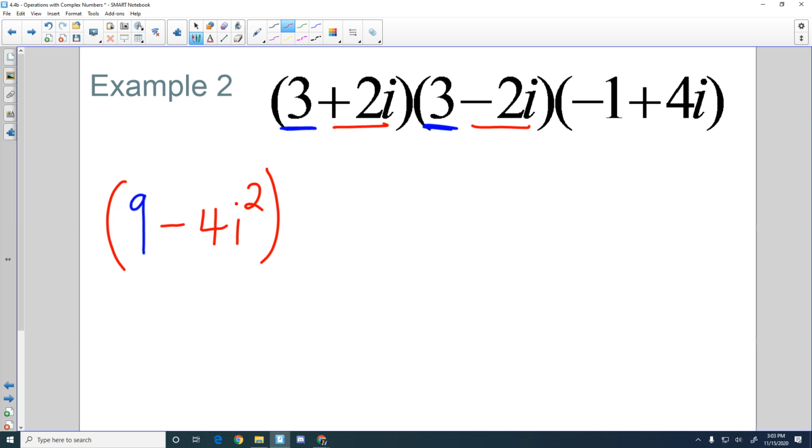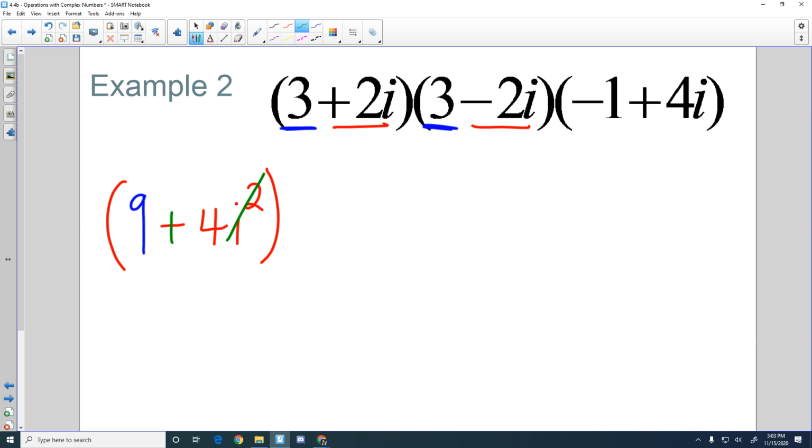Now right away, I'm going to go ahead and take this i squared into account and simplify it. Remember that i squared equals negative 1. So what that's essentially going to do is change the sign of this term, because i squared is a negative 1. And so I cross off the i squared and make that negative 4 into a positive 4.